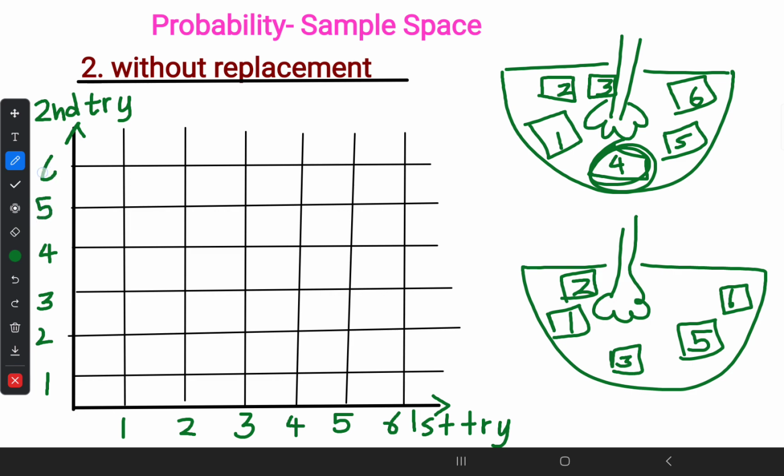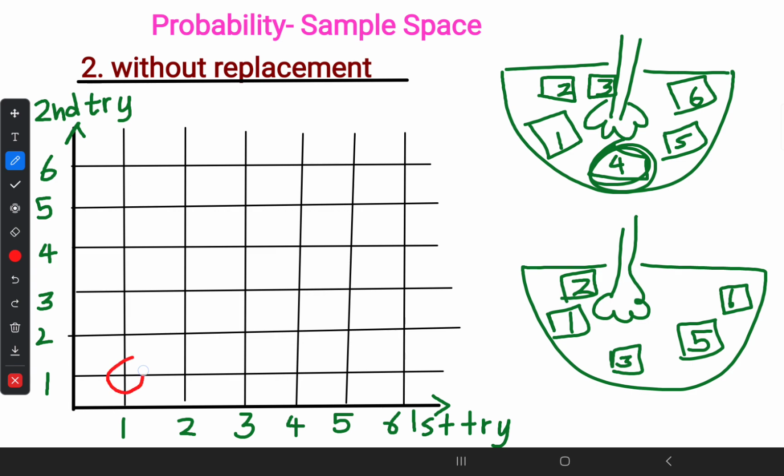Here the key thing is while you are marking your sample space, that is the important one. Let's think about this event. There are 36 events. We will check if there is any possibility to have an event like this or not. Think about it. In the first try, you have selected number 1 and kept it with you. So you cannot select number 1 again from the box.